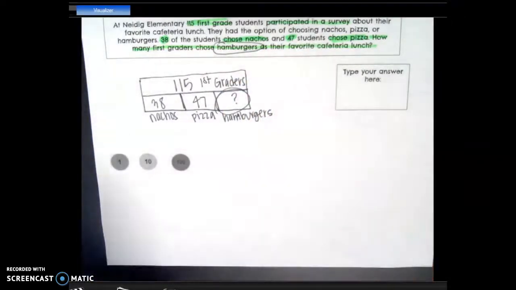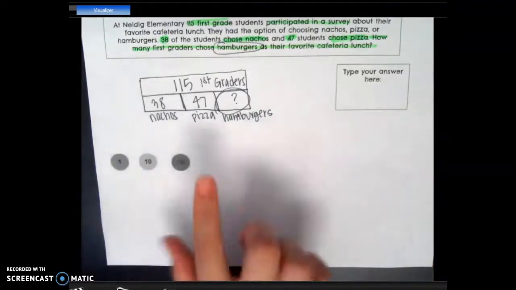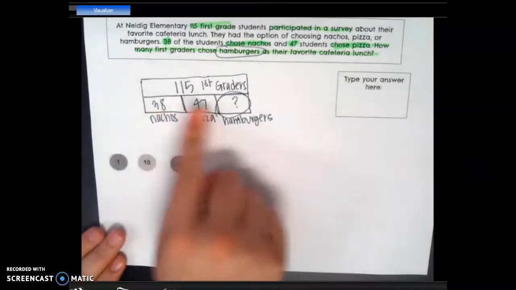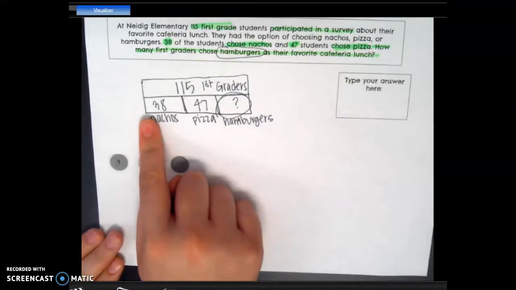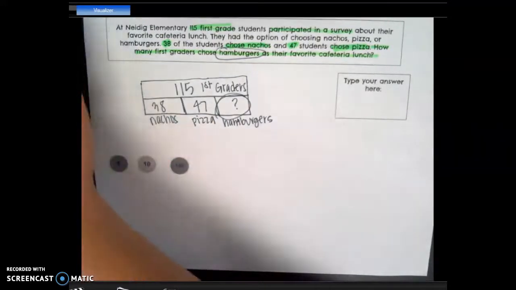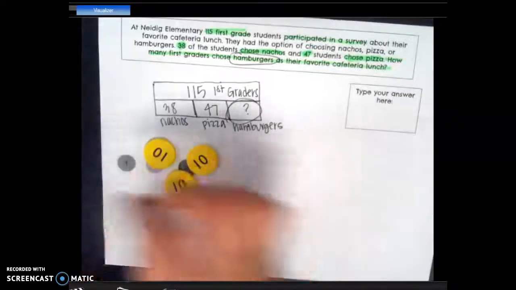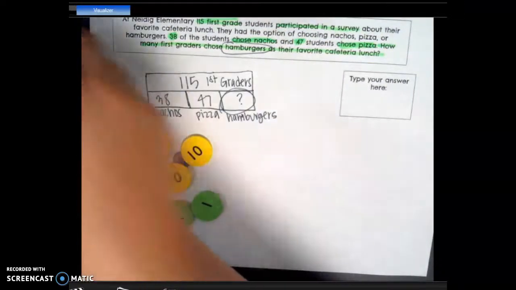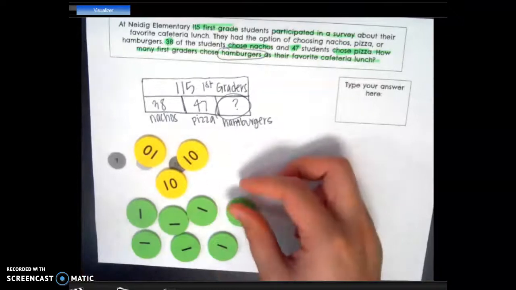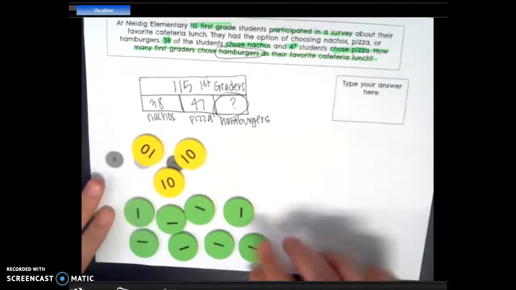So let's figure this out. The first step, we have to figure out how many we already have. So I want to know how many I already have between nachos and pizza. Well, I have 38, and I'm going to use my place value discs here. 38 people, or 38 first graders, like nachos. There's your 38.